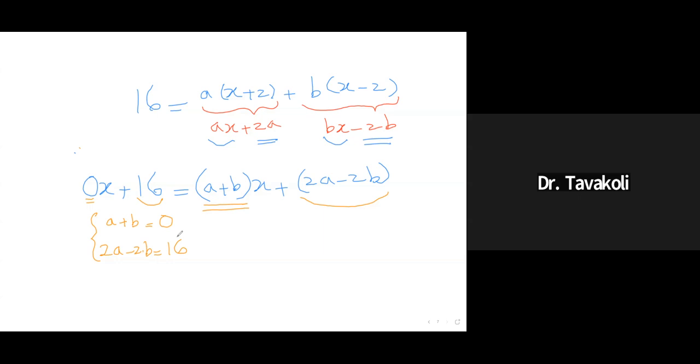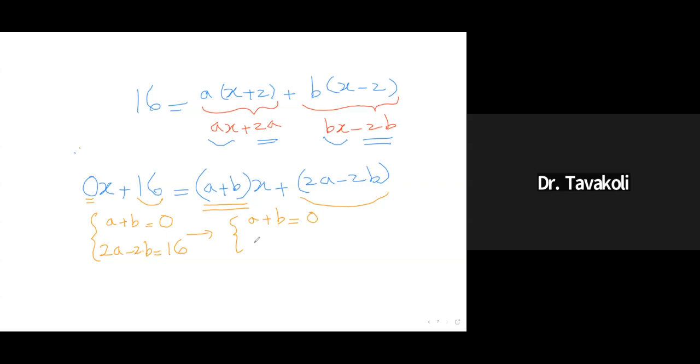Let's solve this system of equations. You can choose any method at your convenience, whatever works for you, like elimination method, substitution method, whatever you would like to use from basic algebra. Like for instance, the first equation, a plus b equals 0. The second equation, I see that all the coefficients are even numbers that have 2 in common.